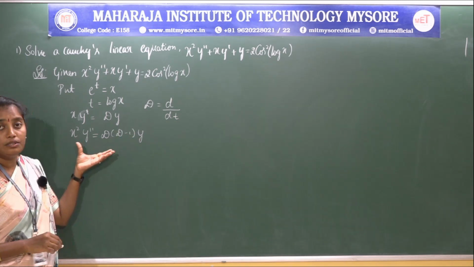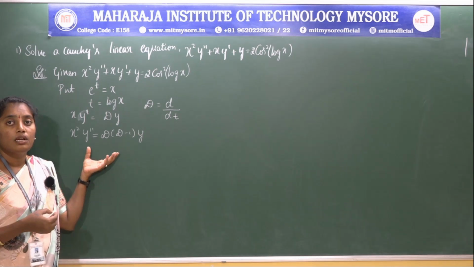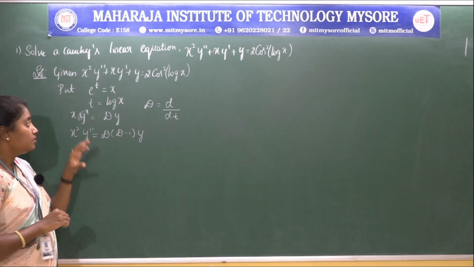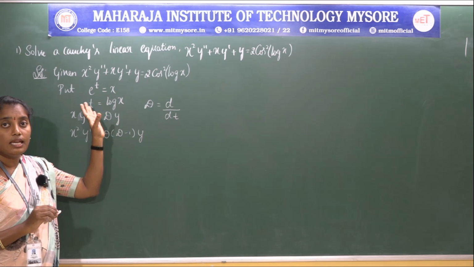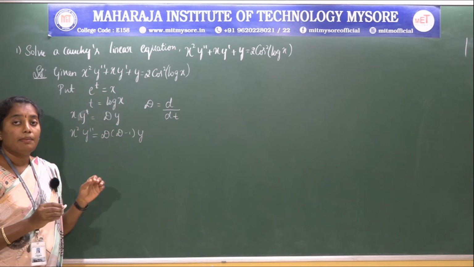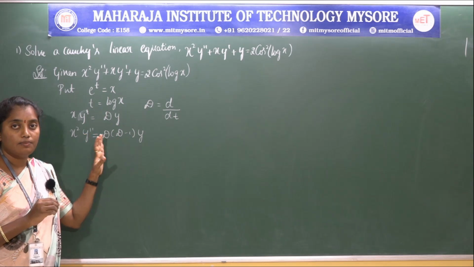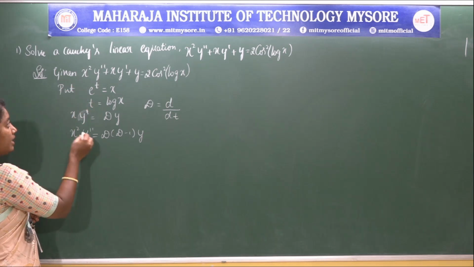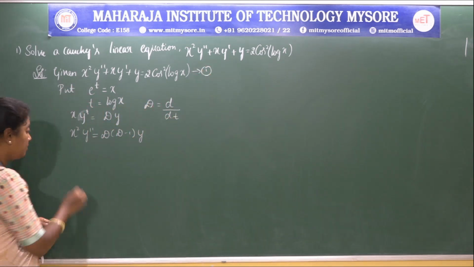So these are the substitutions to reduce an equation with variable coefficient to constant coefficient in Cauchy's linear equation. This is the common substitution for all problems if the given equation is a Cauchy's linear equation. But in Legendre's linear equation, based on the values of a and b, we have to substitute the result. So substituting these values, let us take the given equation as equation number 1.